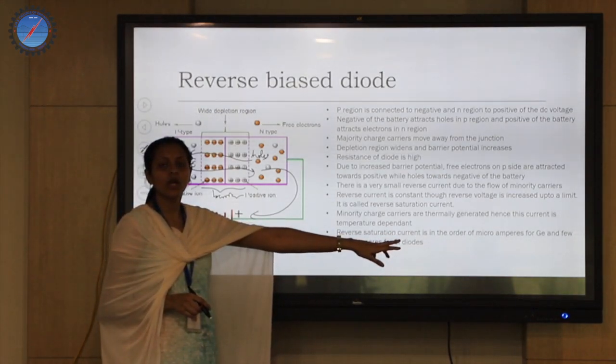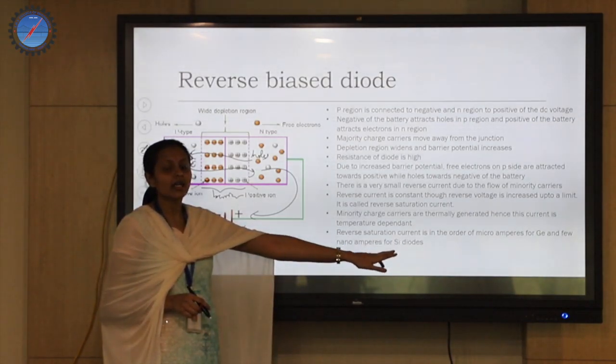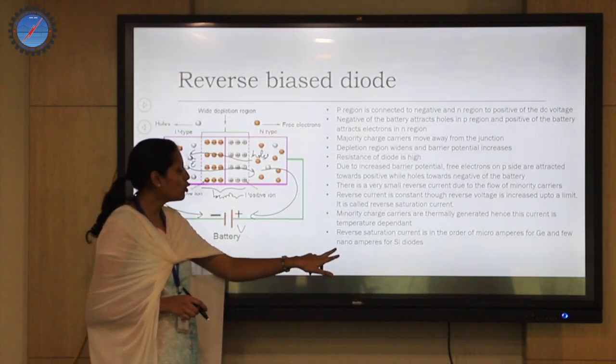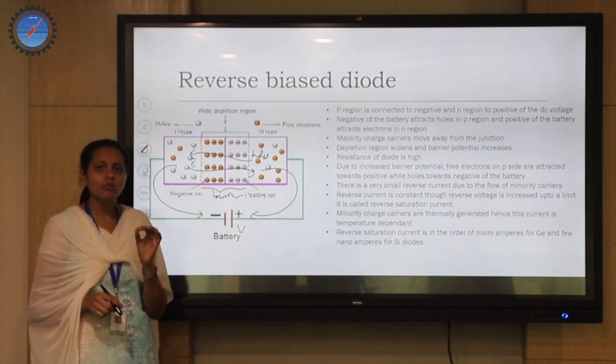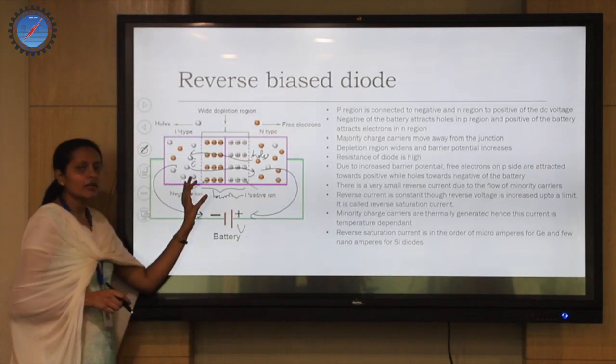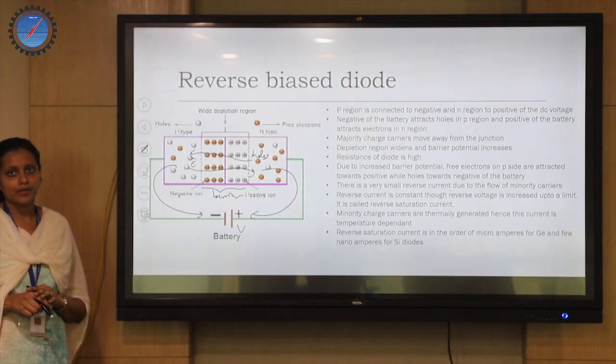For a germanium diode, it's in the range of microamperes. Microamperes meaning 10 to the power of -6 and nanoamperes meaning 10 to the power of -9. Such a small current will be flowing. That small current which is flowing in a reverse bias diode is called as reverse saturation current.